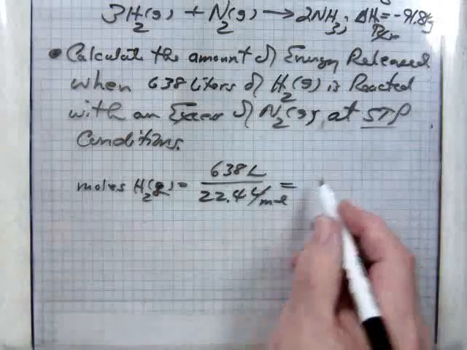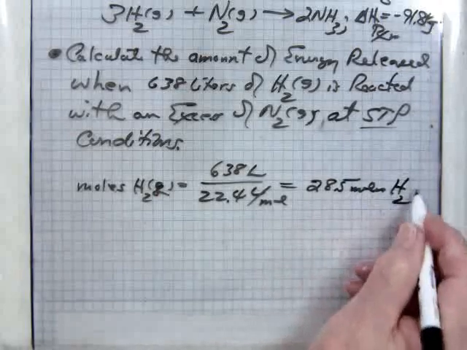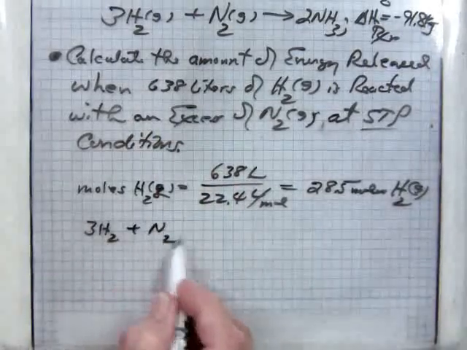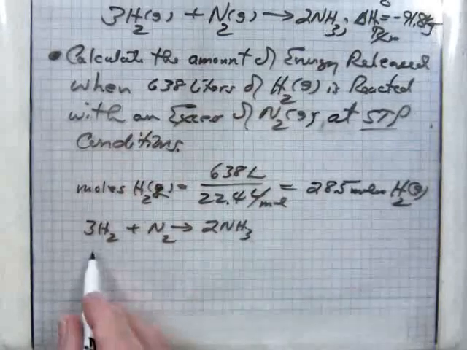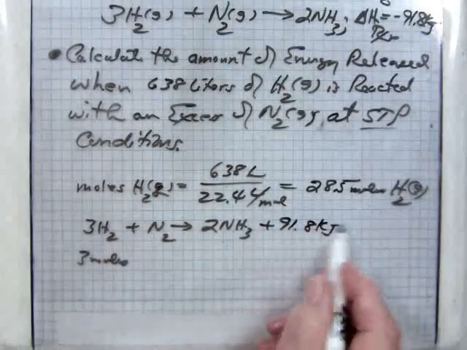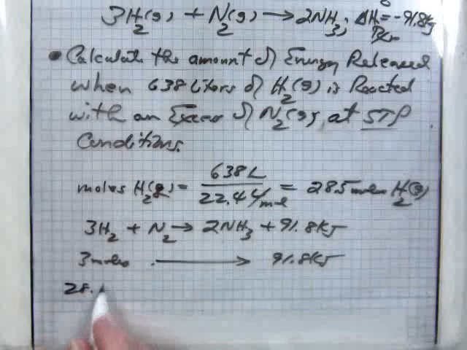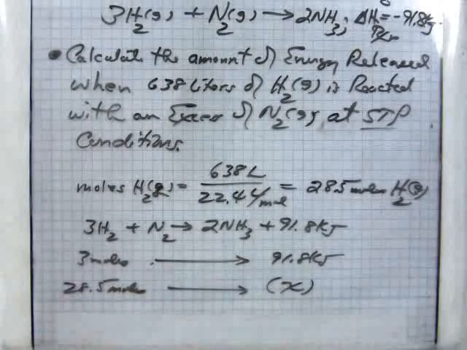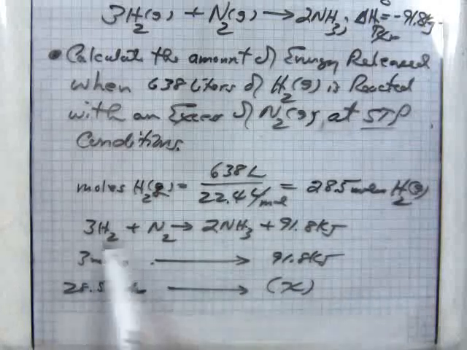And so that's 28.5 moles H2 gas. So from the equation, we have 3 moles will generate 91.8 kilojoules. 28.5 moles in an excess will generate X. And so you can set it up as a ratio and proportion, or X can be adjusted by the coefficients.